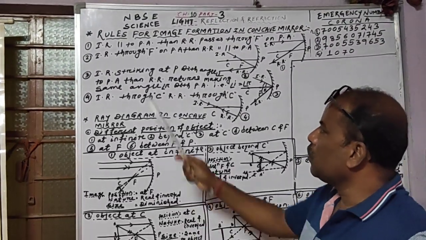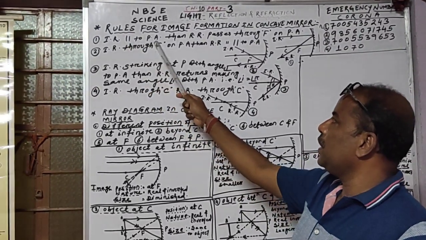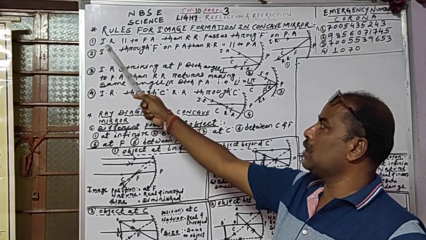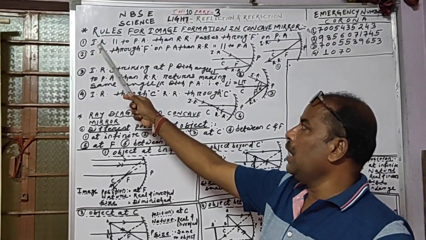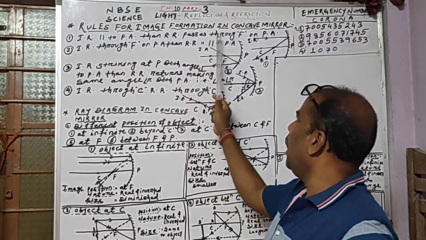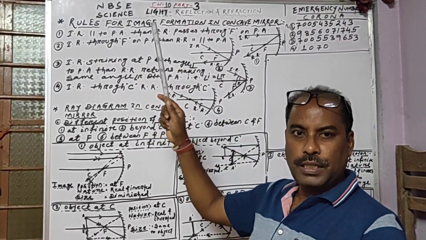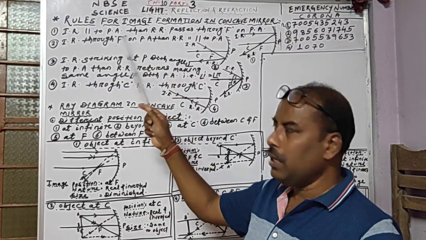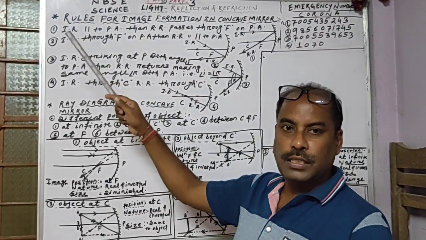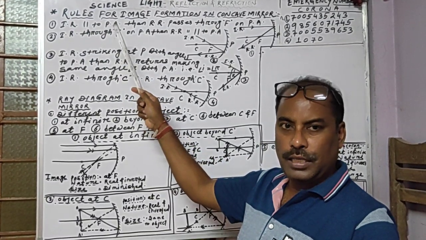So the first rule is: incident ray parallel to the principal axis. These are short symbols. IR means incident ray, PA means principal axis, RR means reflected ray.